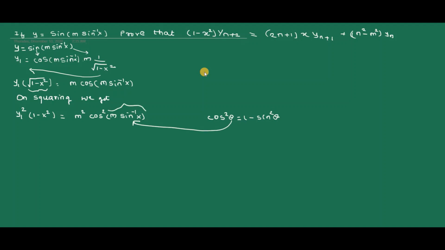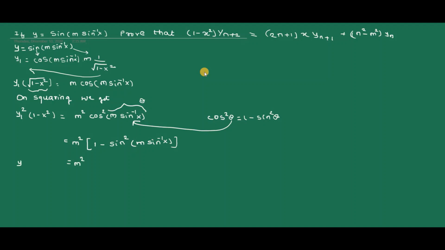So we can write m square into bracket 1 minus sin square theta, where theta is m sin inverse x.